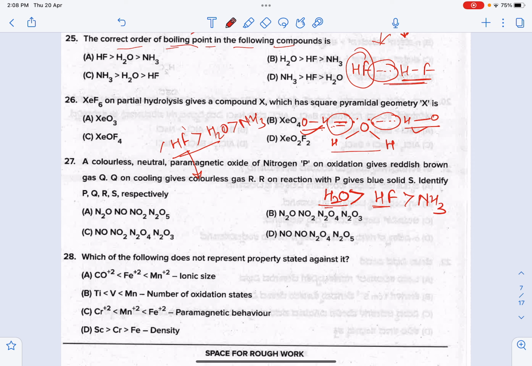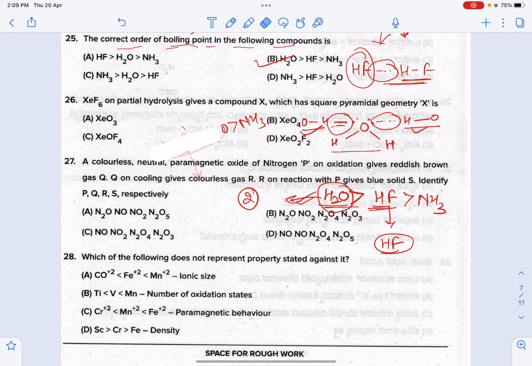This order will be wrong and this order will be correct, only because H2O forms two hydrogen bonds and HF forms only one, with the help of lone pairs of electrons. So our correct option will be option B.